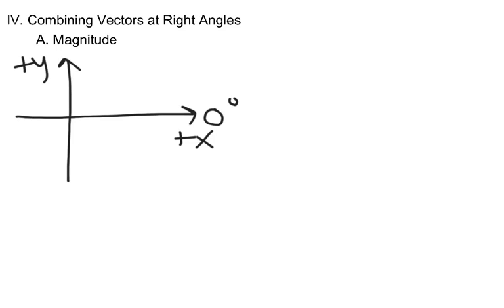Let's say we have someone that starts at the origin and they walk 3 meters east, or 3 meters along the horizontal axis, or 3 meters at 0 degrees. And let me write 3 meters here. This person also walks 4 meters north, or 4 meters in the plus y direction.